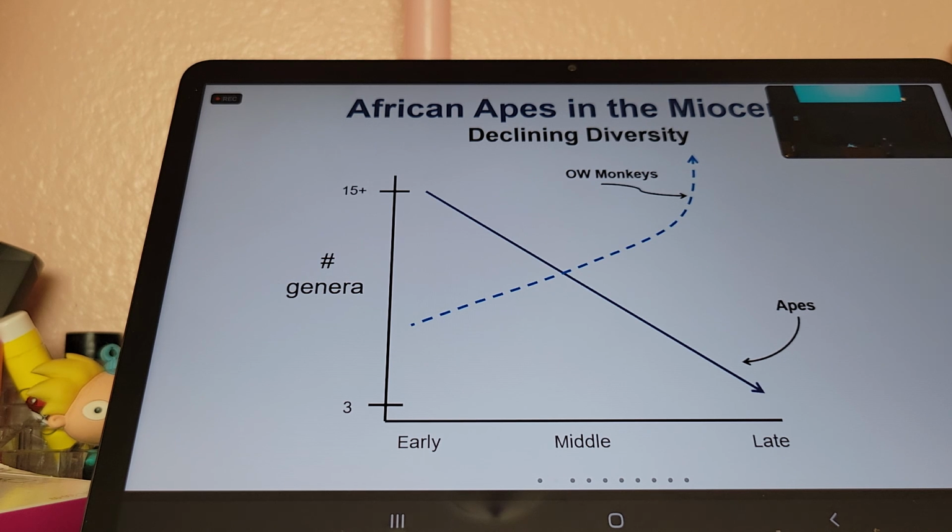Monkeys reproduce faster than apes. They don't need as much food as apes. Apes tend to be larger bodied, right? And apes, like you and I, need to eat ripe fruit. Fruit's the preferred food, and when they eat it, they need ripe fruit. They're like us, right? If you eat unripe fruit, it makes your stomach hurt really bad.